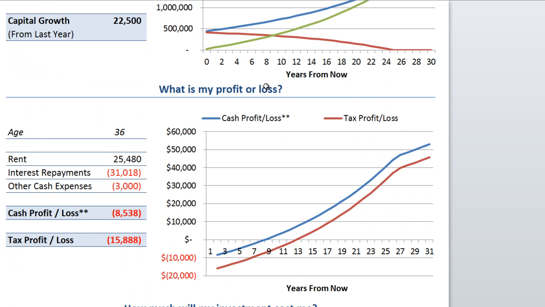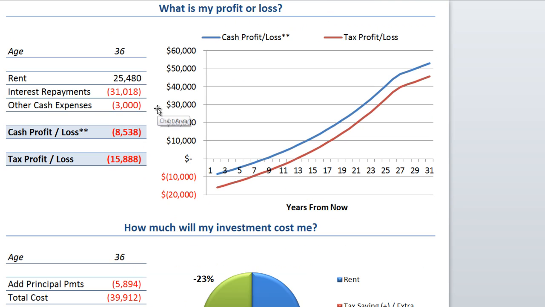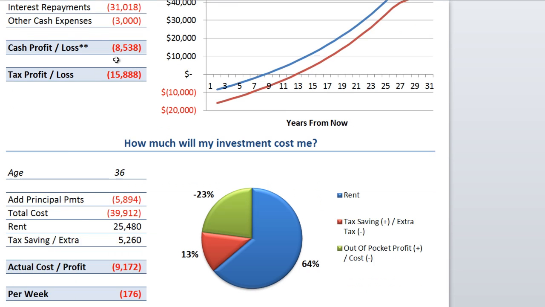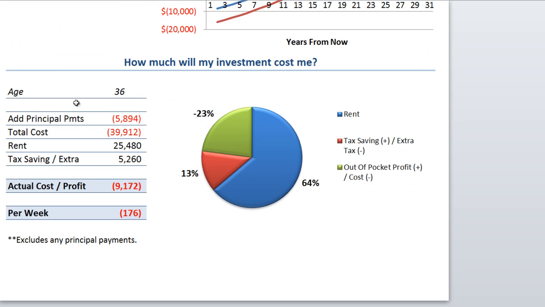So we're going to scroll down a bit and look at the what is my profit or loss section, and we'll see the rent coming in here of roughly $25,000 a year, interest payments and other cash expenses, and scroll down a bit more and we can add the principal payments to that of roughly $6,000, making the total cost of the property around $40,000 in the first year.